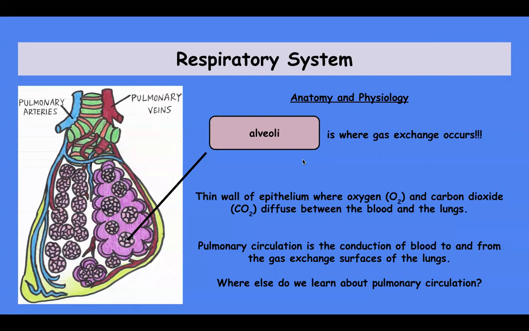Oxygen and carbon dioxide diffuse between the blood and the lungs. I gave a little comment about how it's related to our cardiovascular system, our circulatory system, what's going on within our bloodstream, and we will look more into detail with that as well.